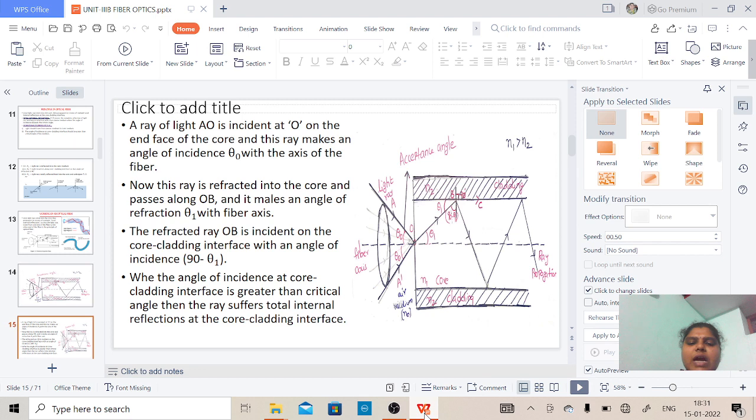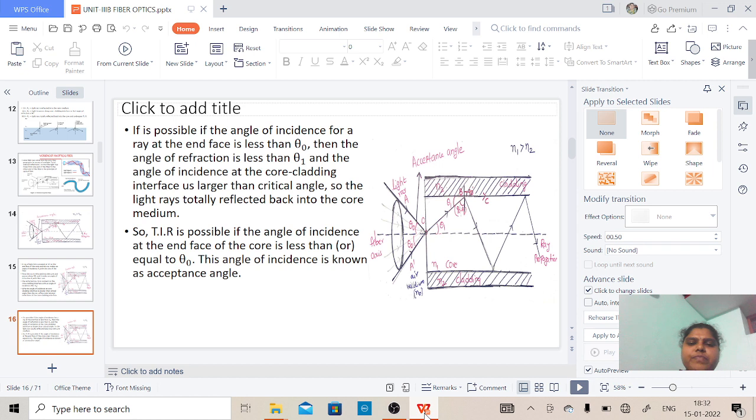Whenever i is greater than the critical angle, the critical angle condition is obeyed and it gives total internal reflection. So when the angle of incidence at the core-cladding interface is greater than the critical angle, the ray suffers total internal reflection and takes multiple reflections inside the fiber.